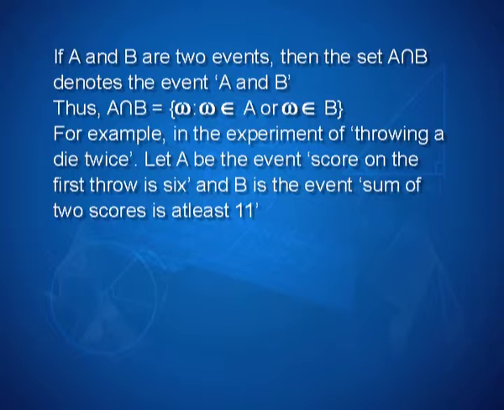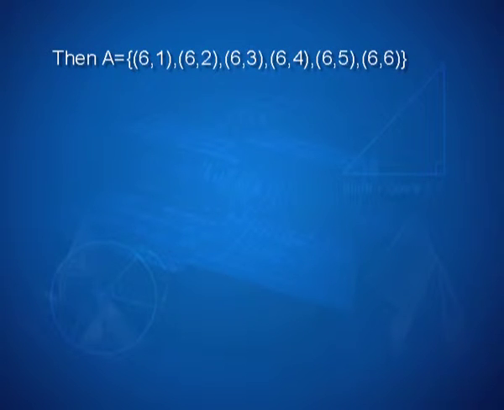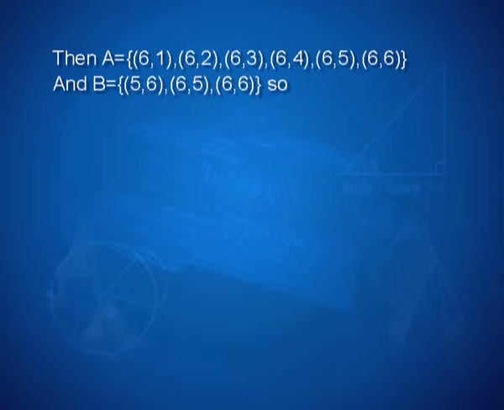For example, in the experiment of throwing a die twice, let A be the event, score on the first throw is 6, and B is the event, sum of two scores is at least 11. Then A is equal to (6,1), (6,2), (6,3), (6,4), (6,5) and (6,6), and B is equal to (5,6), (6,5) and (6,6).